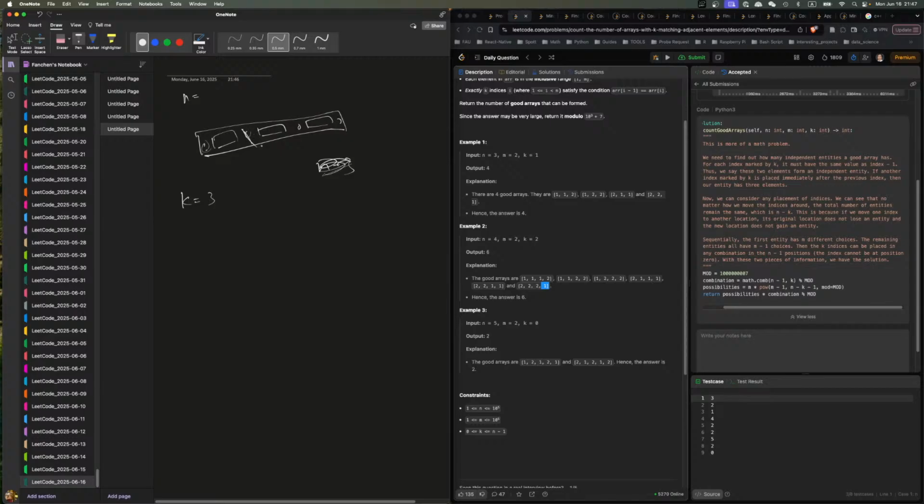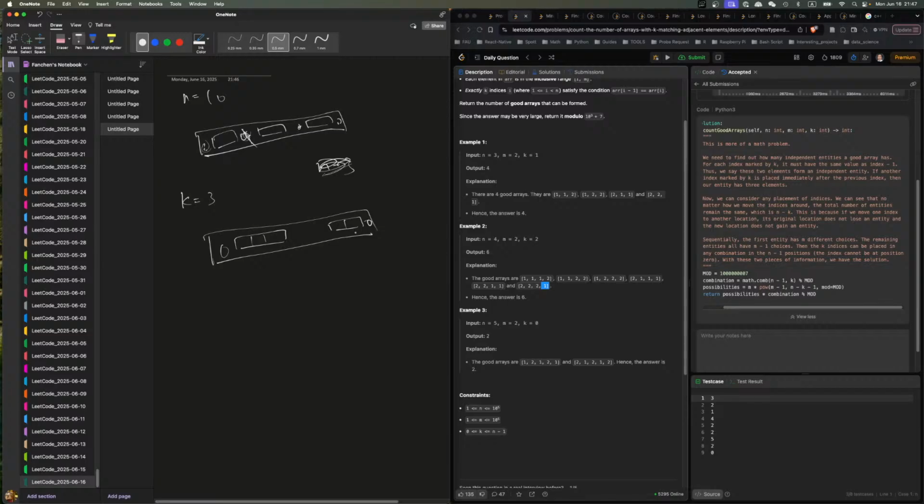Because now, say 1, 2, 3, 4, 5, 6, 7, 8, 9, 10. N equals 10. So initially I have 7 entities. Okay? 1, 2, 3, 4, 5, 6, 7. So now, what if I have still this one, and then we have a 3. Alright, now we have these 2.